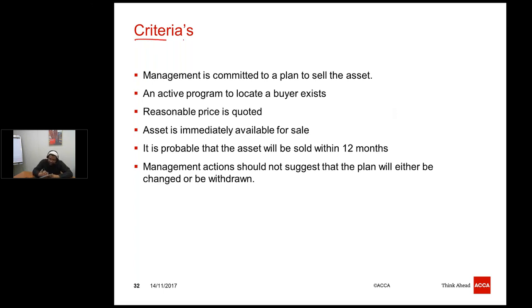There are certain criteria which should be met for an asset to be classified under IFRS 5. For example, if I want to sell this pen, it is held for sale for me now. But to classify this under IFRS 5, there should be certain criteria. The first point: the management is committed to a plan to sell the asset.